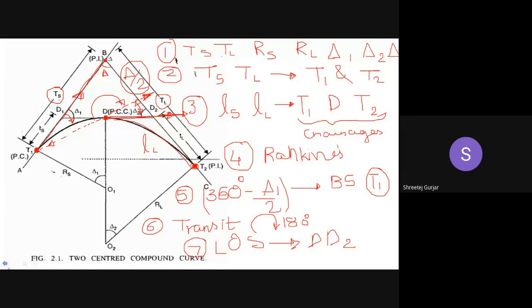Once this is done, there is one check I have told you. Your theodolite is still at D. You can take a sight on T1 and measure the angle T1 D T2.